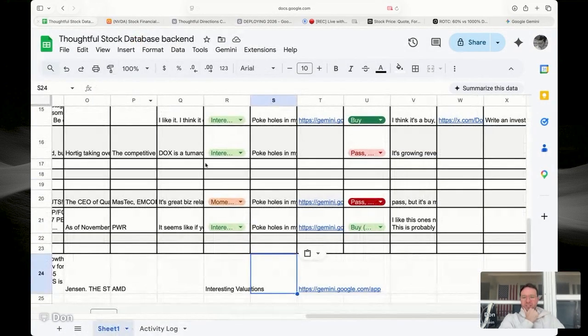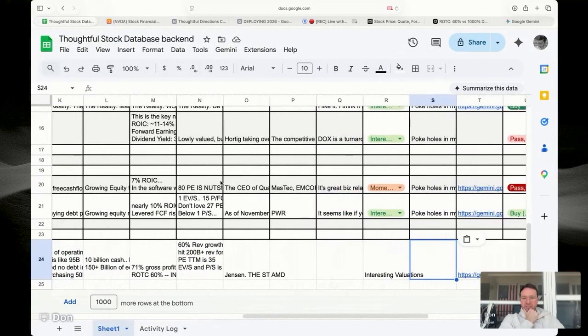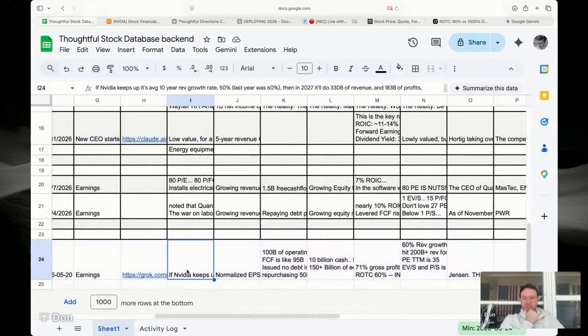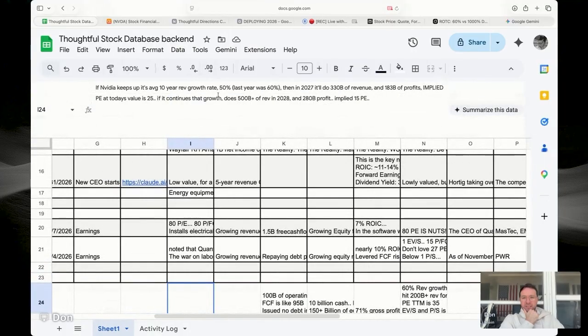So wait, watch. So it should have added those notes into Nvidia. Yep, here it is. Those are the notes we just wrote in there.